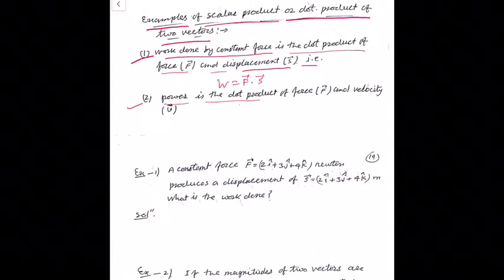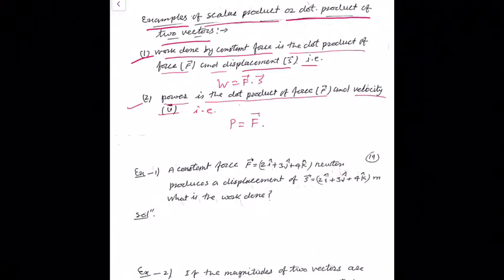Second, power is the dot product of force F vector and velocity V vector, that is P is equal to F vector dot V vector.